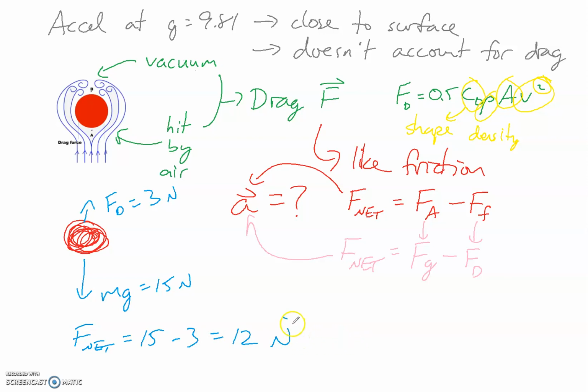Then you can use this divided by the mass, and you can calculate the actual acceleration of the ball. So it's a relatively simple idea, and if you've done basic forces and friction, there's pretty much no difference between what you will do with this and what you've done previously. It's just basically air friction. But you can then calculate accelerations of things in different scenarios where it's a little more realistic than things just falling at 9.81 all the time.